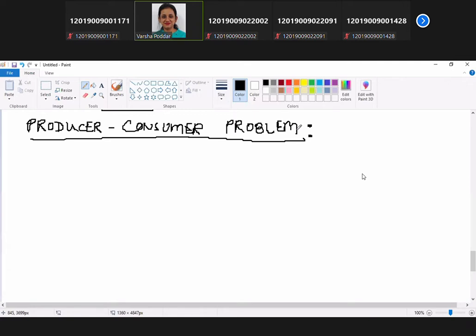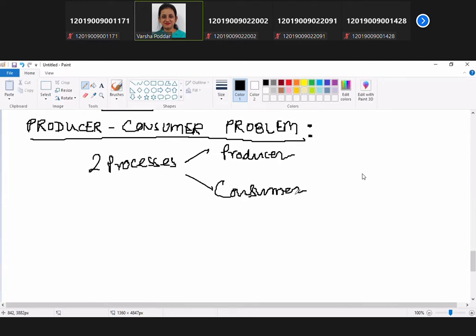Okay. So in the producer-consumer problem, there are two processes. One is the producer, one is the consumer. And there is a buffer of values of size n.